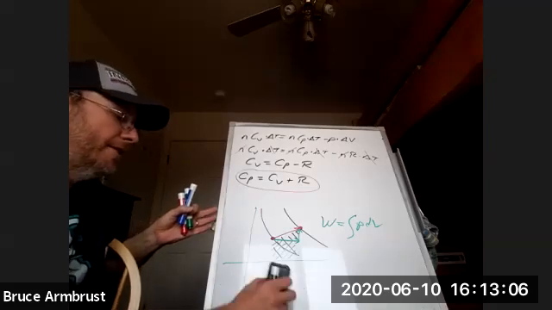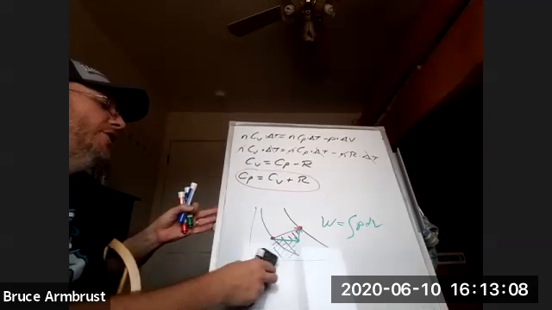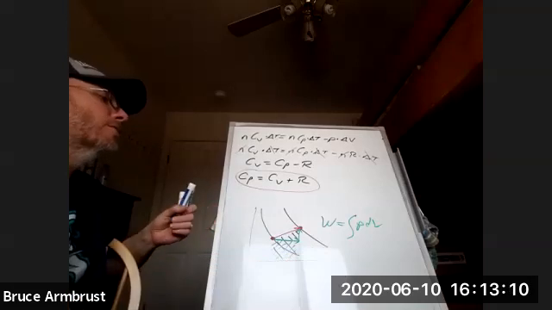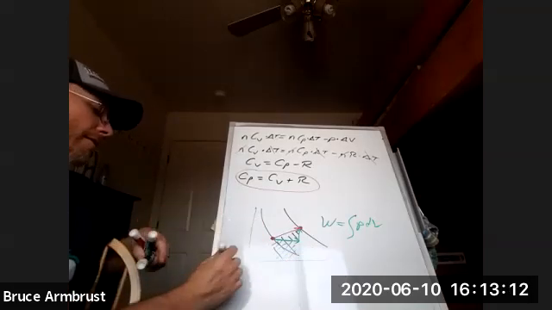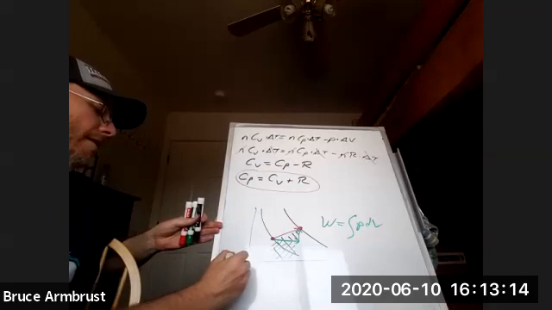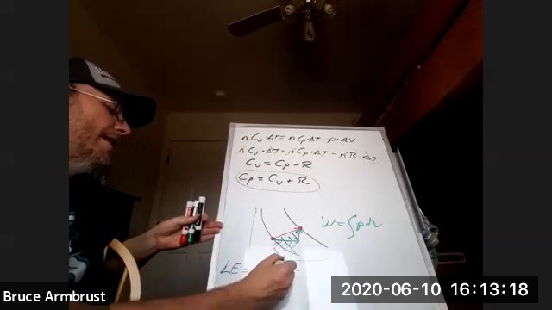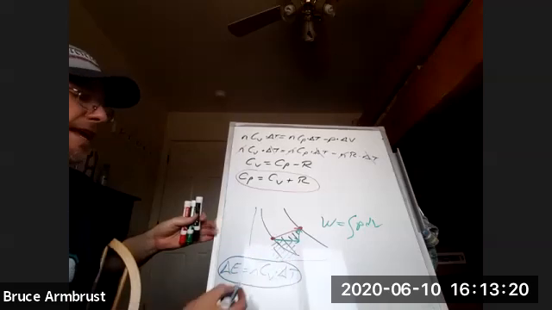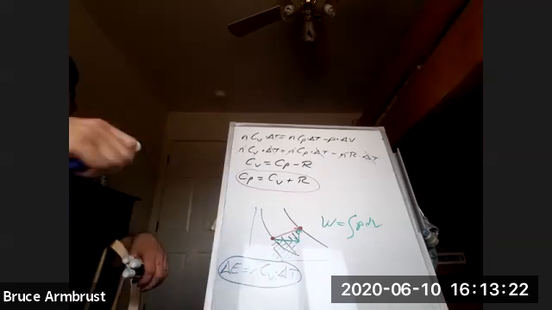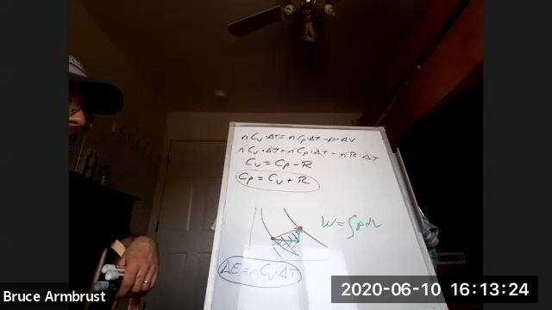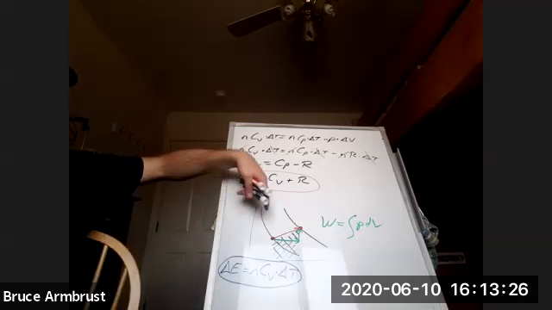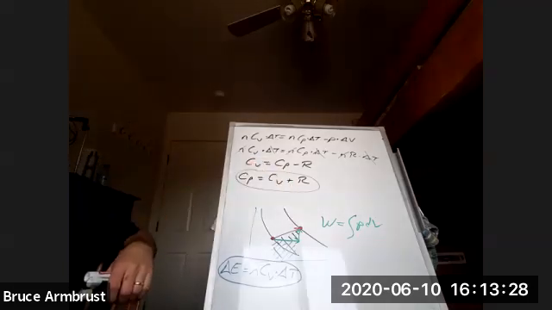I can tell you that the change in energy, no matter what, will always equal n times C_V times delta T, even if we do one of these other paths.